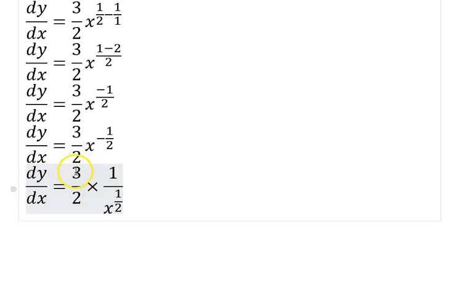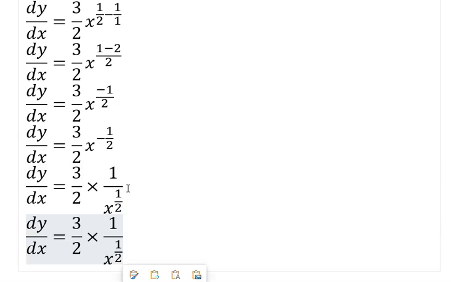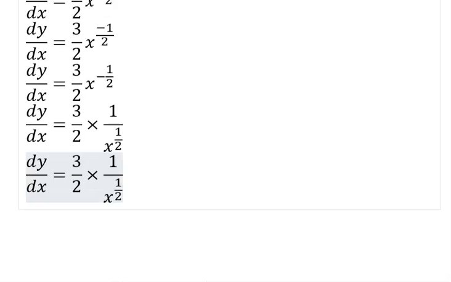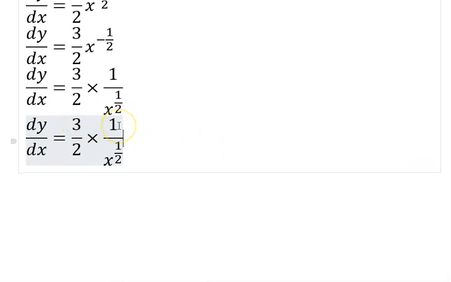So if you like, you can now say you have 3 times 1 at the numerator, and 2 times x raised to power half at the denominator. Either you leave your answer this way, you are correct, or you multiply the numerator: 3 times 1 gives you 3, and the denominator is 2 times x raised to power half.